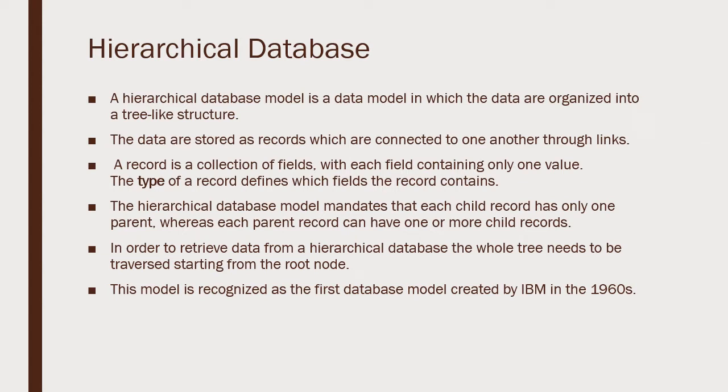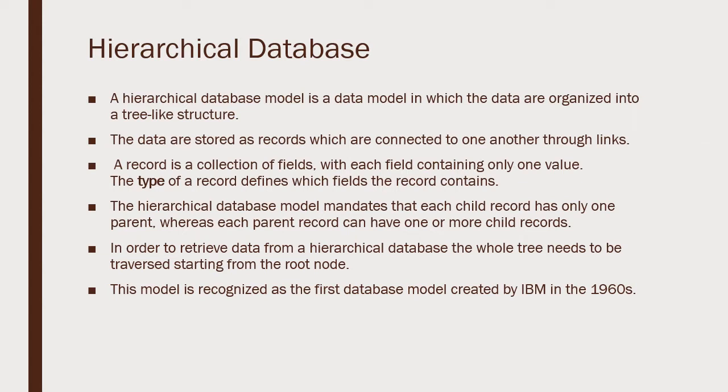A record is a collection of fields with each field containing only one value. The type of record defines which fields the record contains. The hierarchical database model mandates that each child record has only one parent, whereas each parent record can have one or more child records.